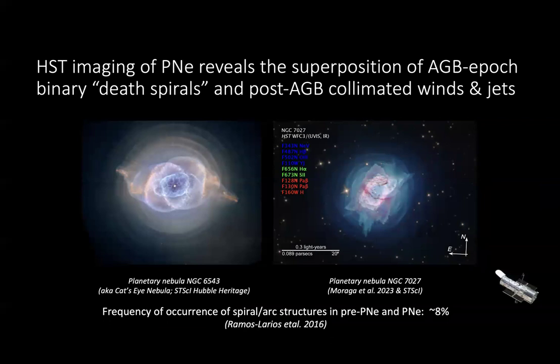And when you look at a planetary nebula that's gotten further along, the ionization has taken place, we still can see evidence of these spiral structures in many cases, about 8% of cases. So that's pretty strong evidence for the presence of a binary companion.